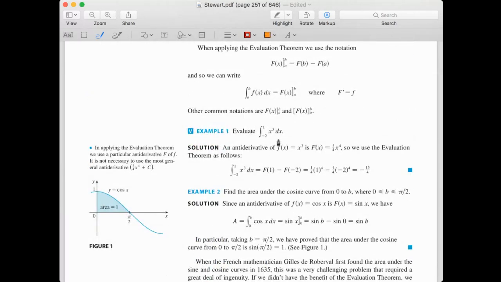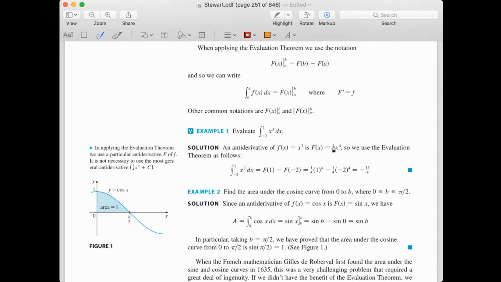Or let's see this one. Lower limit -2, upper limit 1, integrand is x cubed. For the antiderivative of x cubed, we use the power rule. Remember the power rule? For the antiderivative, add 1 to the exponent, and divide by the new exponent. Add 1 to 3, we get 4, so x to the 4th divided by 4. So we get a quarter x to the 4th.